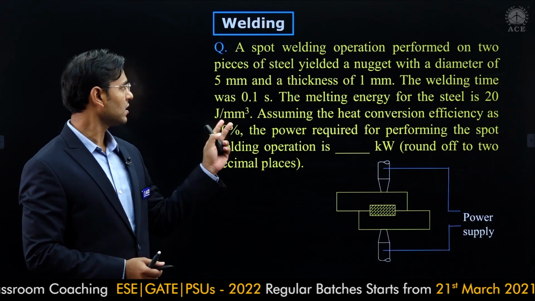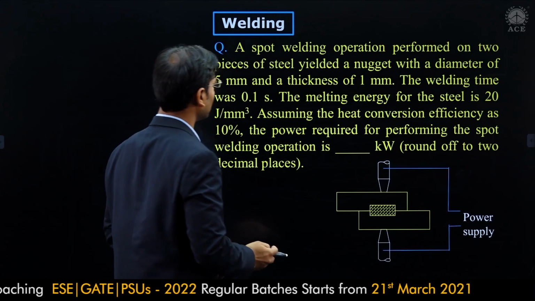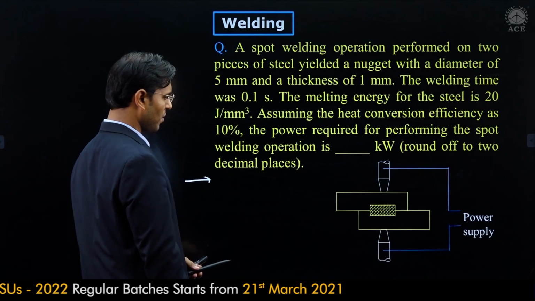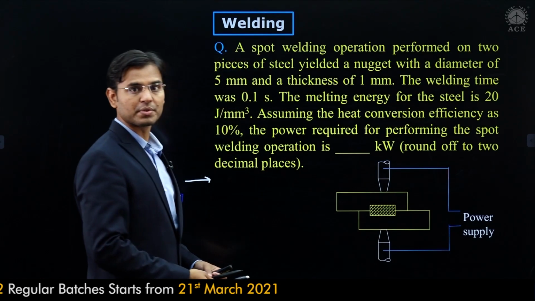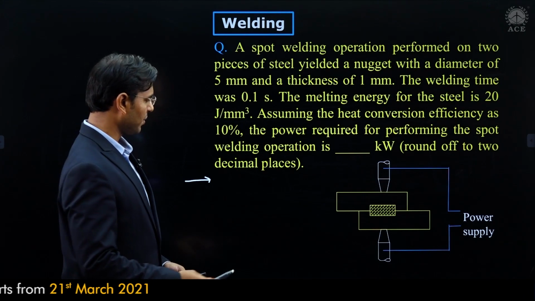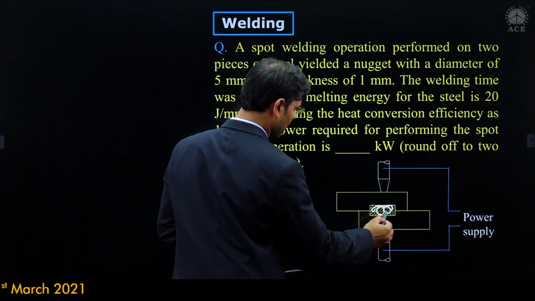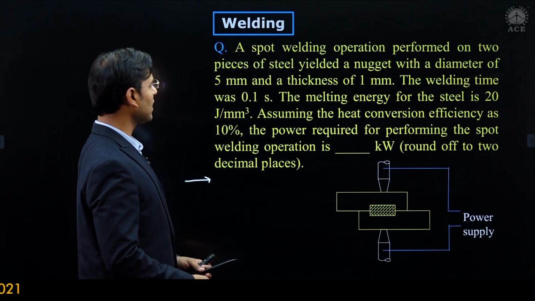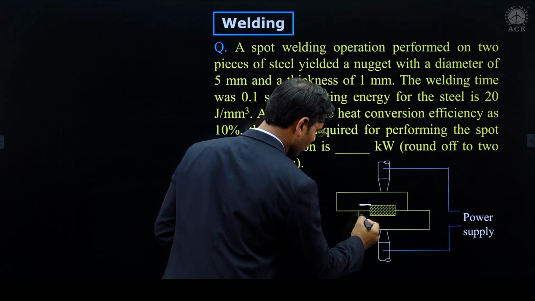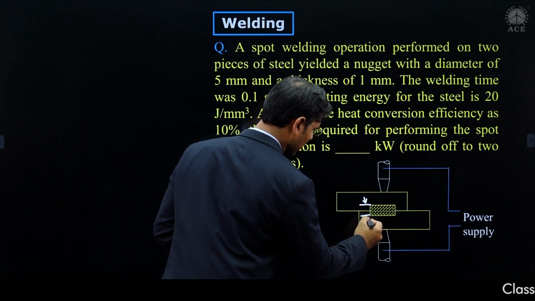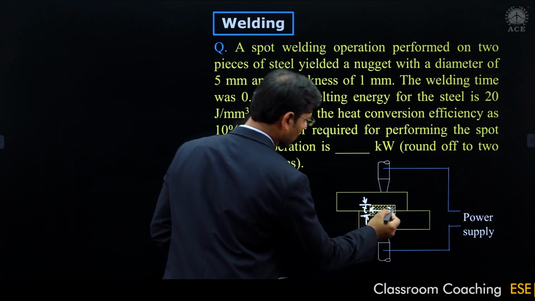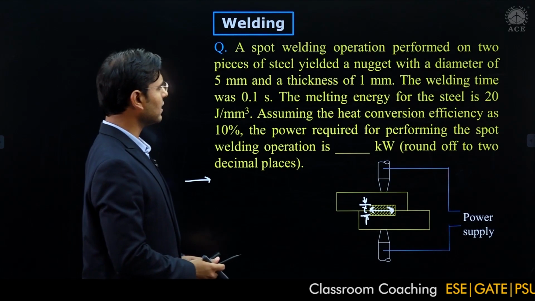Now see the next question, which is asked on spot welding. A spot welding operation performed on 2 pieces of steel yielded a nugget with a diameter of 5 millimeter and thickness of 1 millimeter. You can see these are the 2 pieces of steel, this is the nugget, this is the thickness of the nugget, and this is the diameter of the nugget.